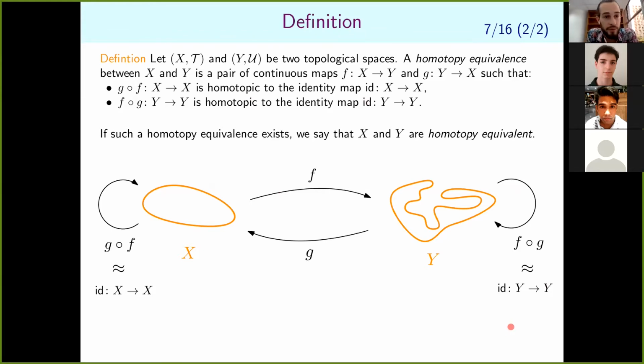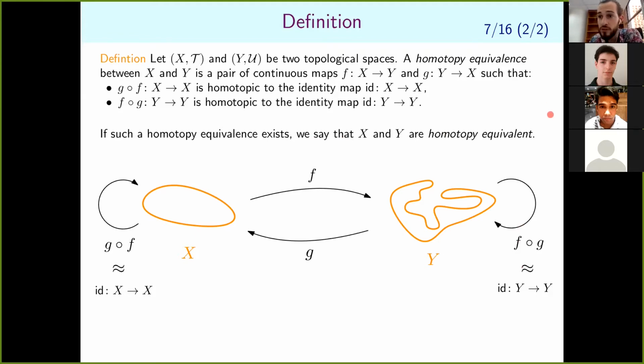So this is a very nice definition, though it is quite hard to use in practice. So I want to give you a tool now to prove that spaces are homotopy equivalent without using this complicated definition.